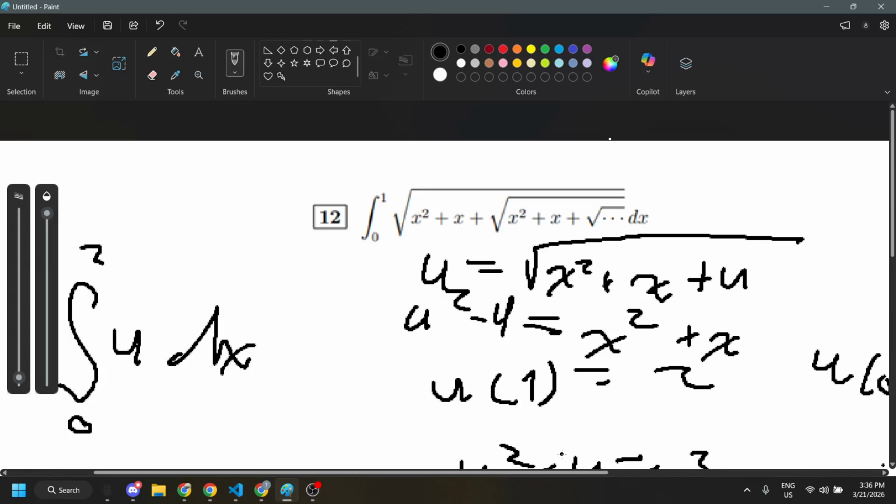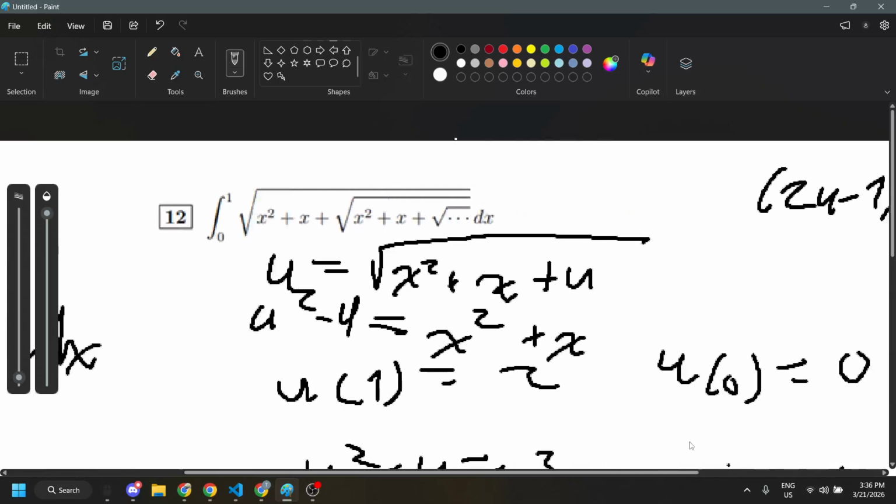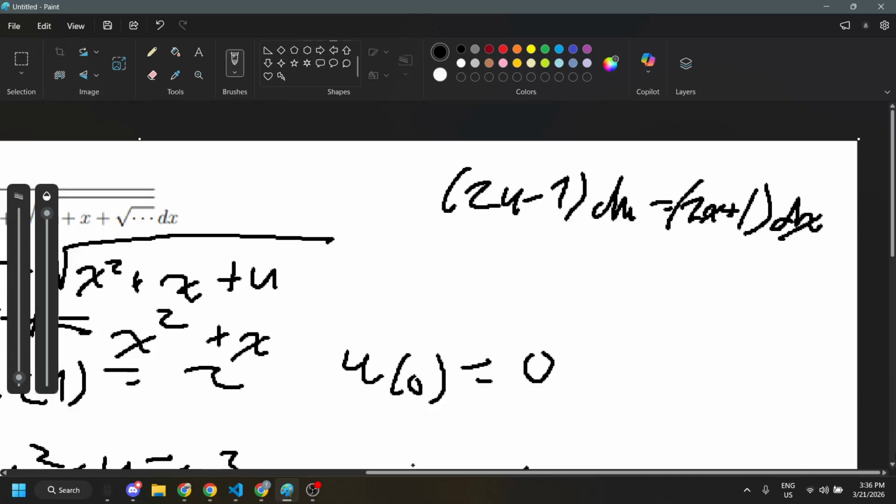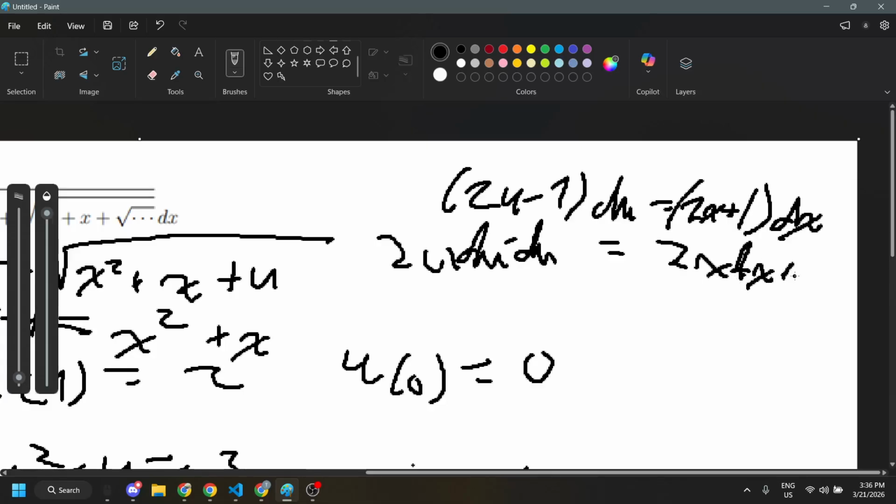I could just find what dx is in terms of u, and then we could solve this integral. We have 2u du minus 1, or minus du, is equal to 2x dx plus dx.